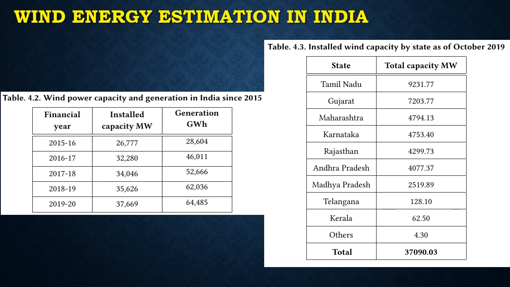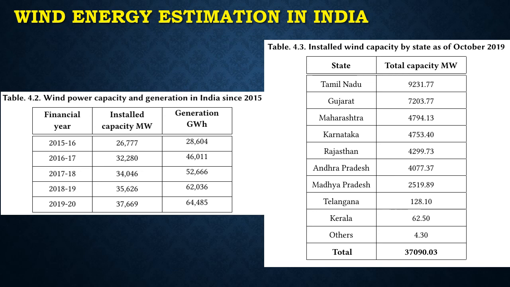I will read the last row, that is 2019-20. It has increased to 37,669 megawatt and generation has increased to 64,485 gigawatt hour.